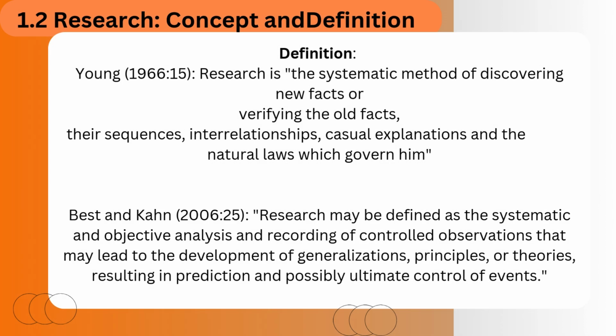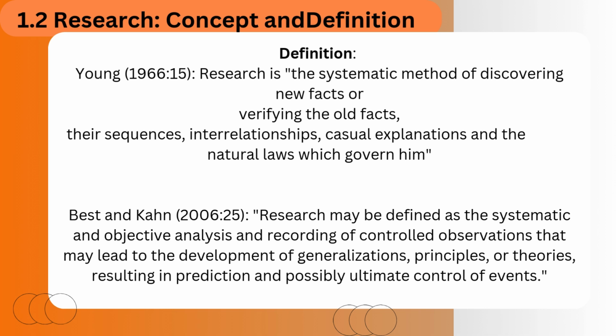Next, according to Best and Kahn, research may be defined as the systematic and objective analysis and recording of controlled observation that may lead to the development of generalization, principles or theories, resulting in prediction and possibly ultimate control of events. In simple terms, according to Young, research is a step-by-step process to find new information or confirm what we already know.